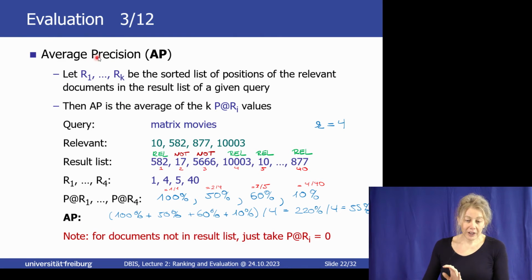Here we have a measure for a query, which is an average of precisions for that query, which is why it's called average precision, but that's for a query. And now I want to compute the average over all queries in my benchmark.